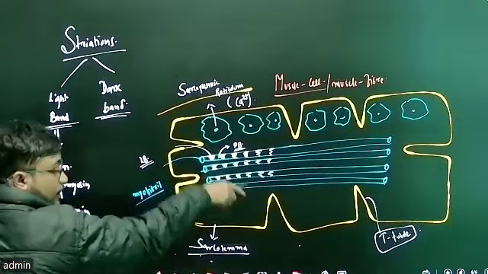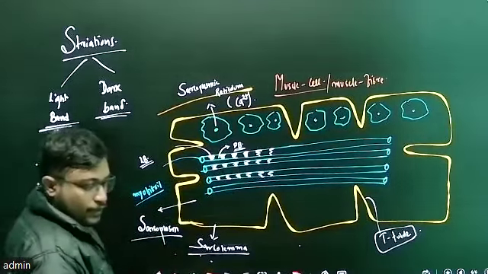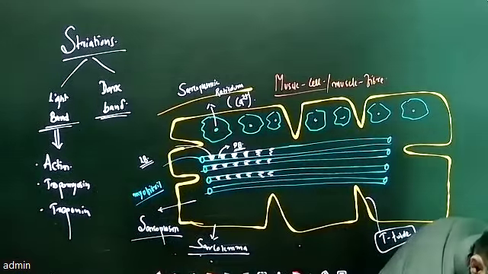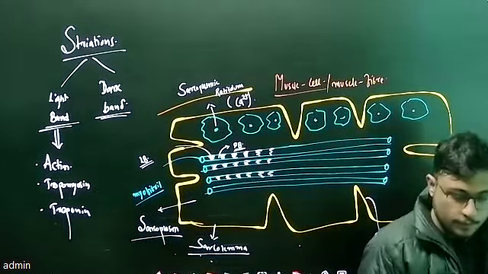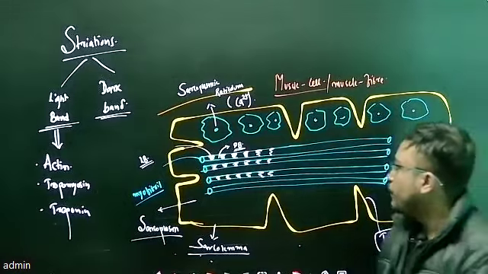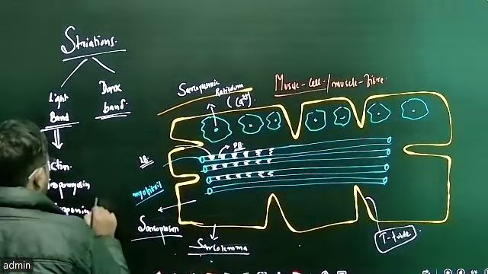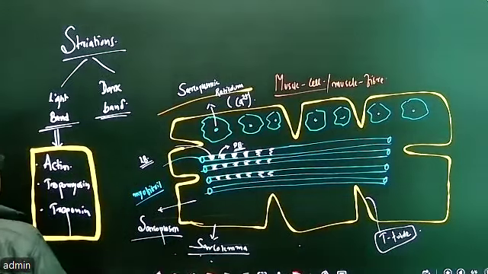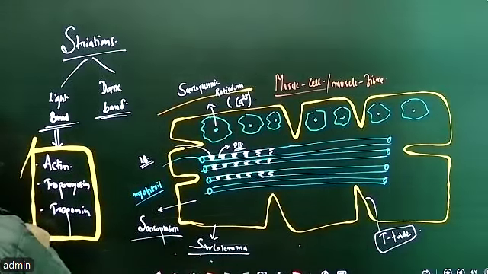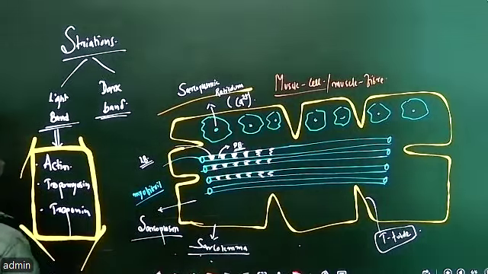Can you see the light band here? So what are the three proteins that will be there? We have actin, tropomyosin, and troponin.